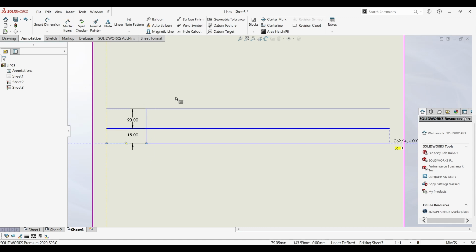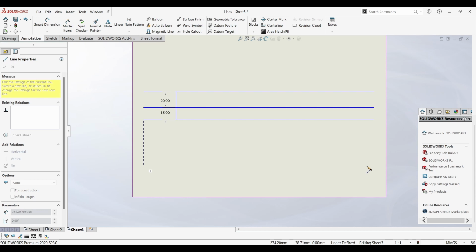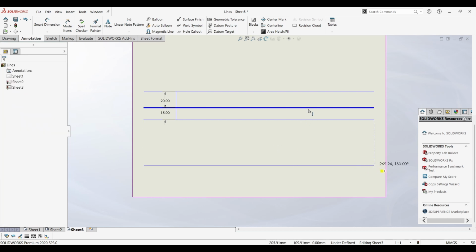Now, it's also mentioned in the question about the point B. B is 60 mm in front of VP, so we have to draw a line over here that is at a distance of 60 mm from this XY line.